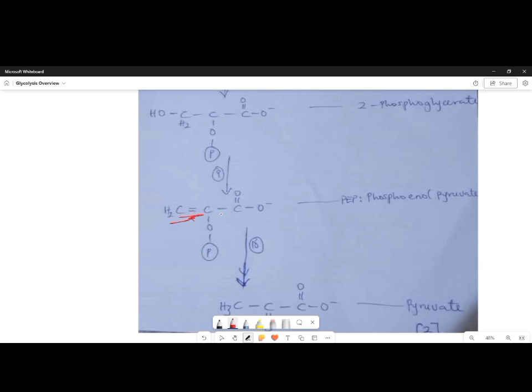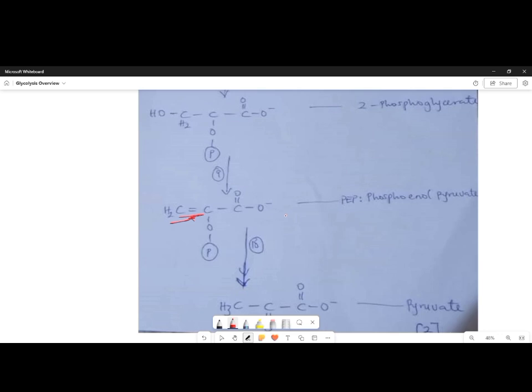And of course, for this reaction, water is given off. So it's a kind of condensation reaction that forms a double bond here. Water is given off from the H2O here, and you have a bond forming at that point.